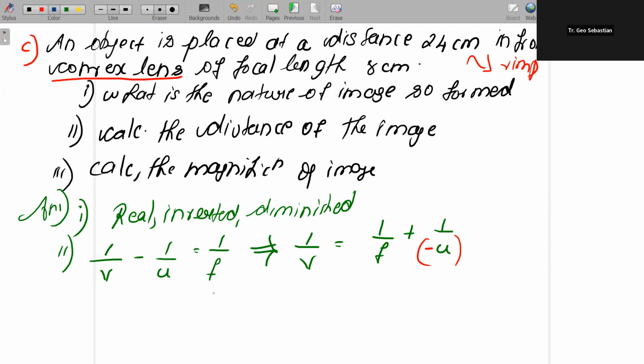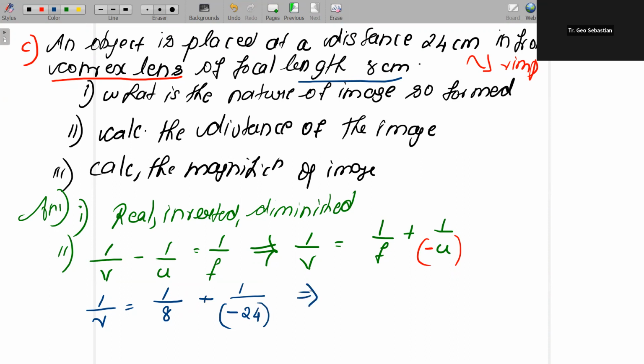So you guys will write 1 by V is equal to 1 by F. Focal length is nothing but 8 centimeter, so 1 by 8. Then you should write plus 1 divided by minus of 24 centimeter.